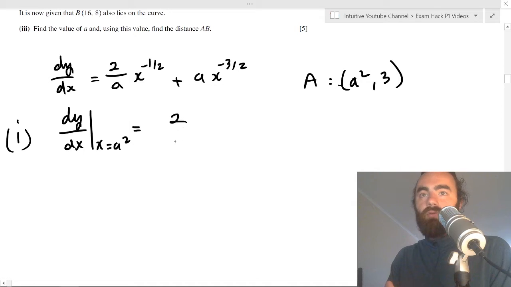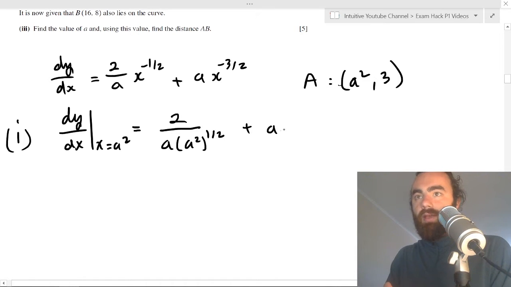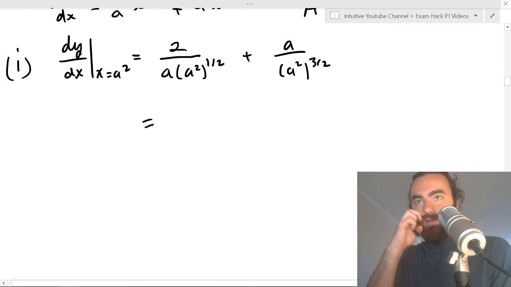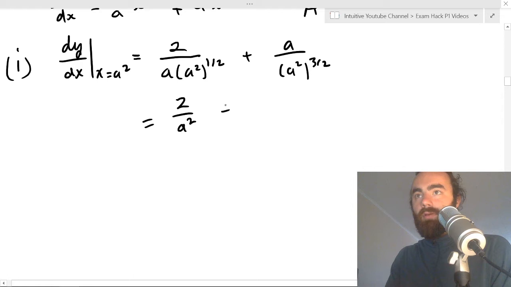So we get 2 over a squared to the half plus a over a squared to the 3 over 2. And that gives us 2 over a squared plus 1 over a squared, which is 3 over a squared.